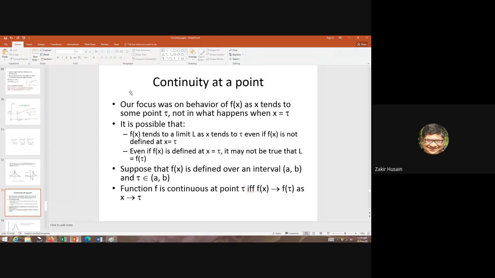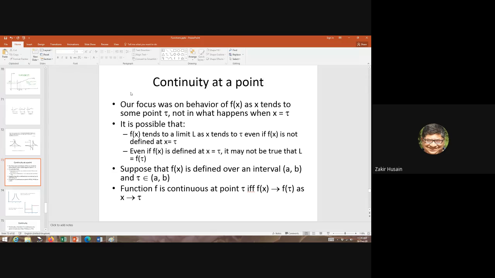Next, we come to continuity. See, so far the focus was on how the function behaves when x tends to some point tau, but not on what happens when x is equal to tau.